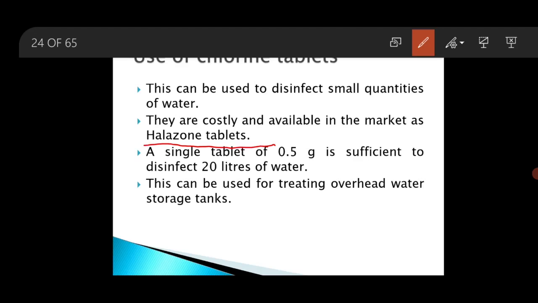A single tablet of 0.5 gram is sufficient to disinfect 20 liters of water. These tablets can be used for treating overhead water storage tanks or groundwater supplies. And also they can be used for retreating the public supplies at the consumer's end during waterborne epidemics.